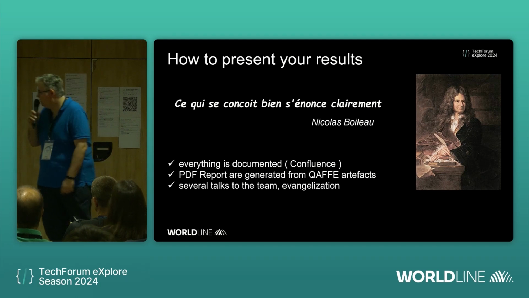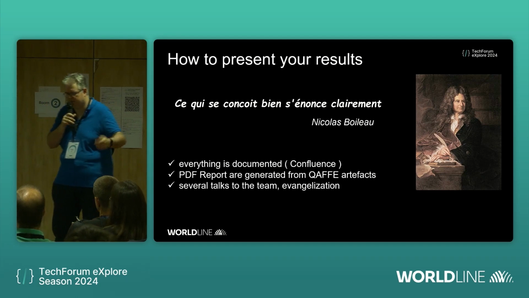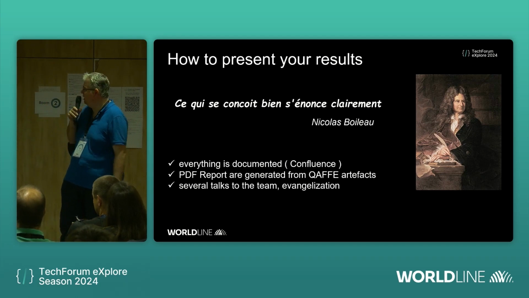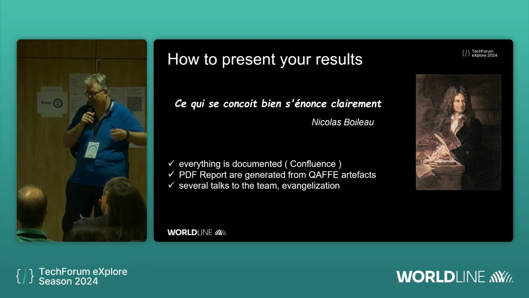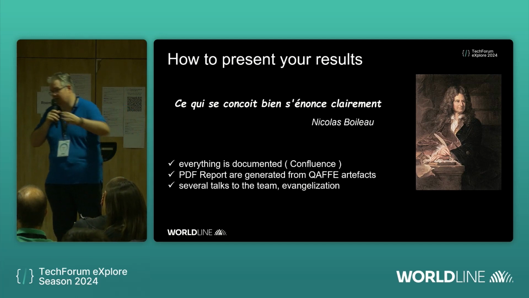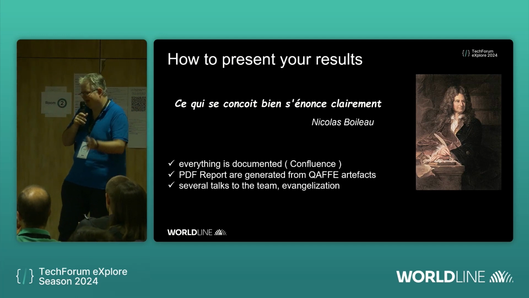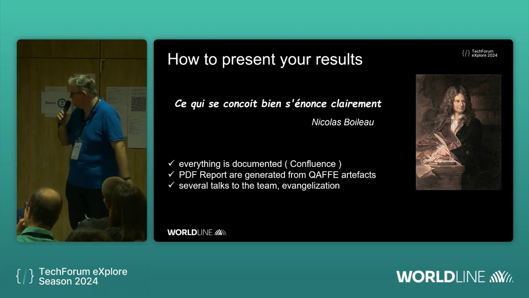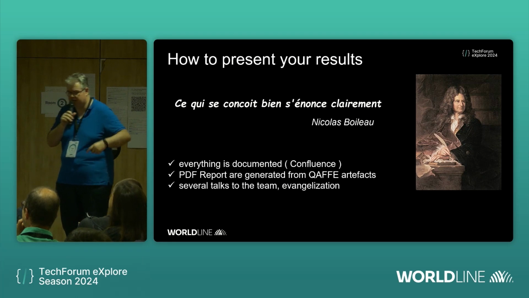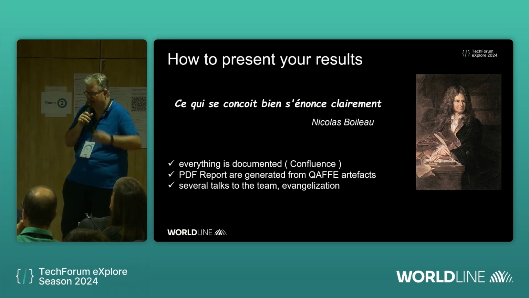Okay, so in our case, for our different performance testing campaigns, how did we do it? First, we documented everything. We picked Confluence, because it never moves, unless Confluence is moved to another Confluence solution, of course. I guess we have all been in this situation. So yes, everything is documented in Confluence because it's easy to share, and an email thread, I mean, come on, it's not a way to document.